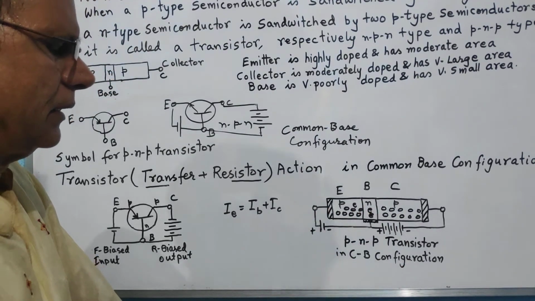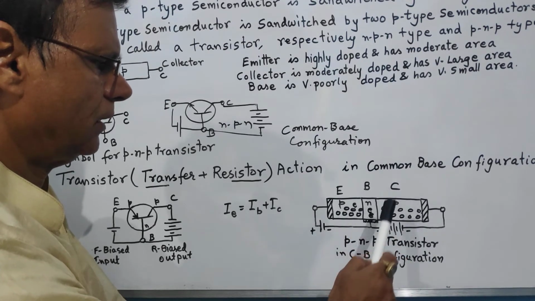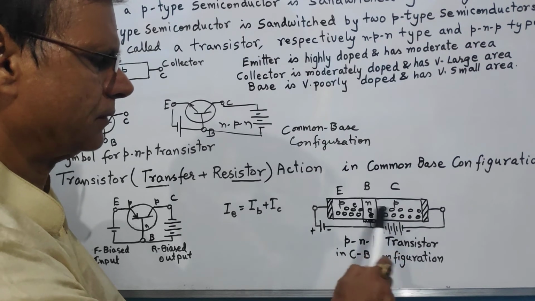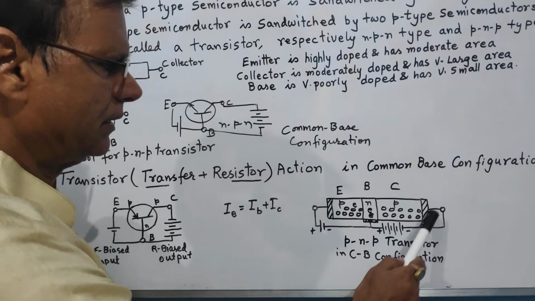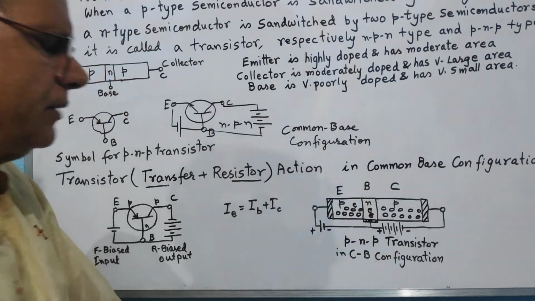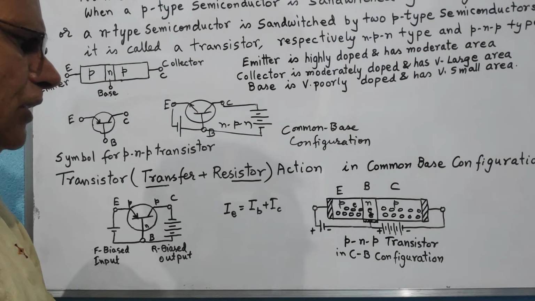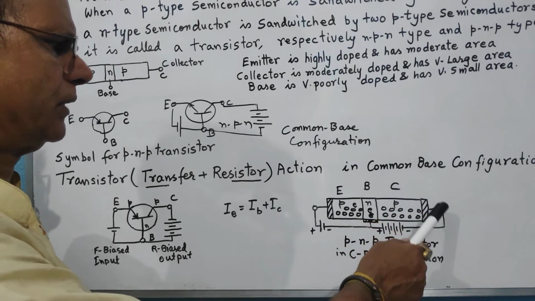That means the collector current is very large, because all the uncombined holes coming from emitter and passing through the base reach the collector and find a favorable field to get collected by the negative terminal of the reverse bias voltage, and as a consequence the high current is produced at the collector end.